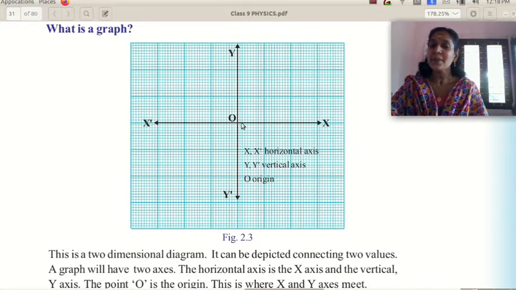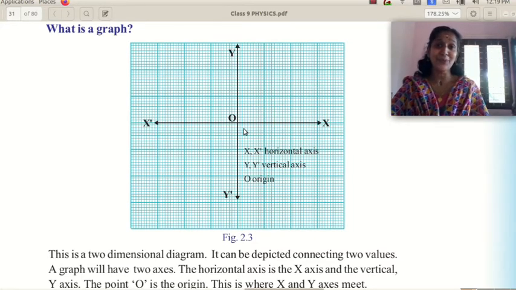Towards the right from this origin, the values are positive. But from O to x dash, values will be negative. And likewise, from the origin to y, values will be positive. Then, if you mark the values from O to y dash, those will be negative.